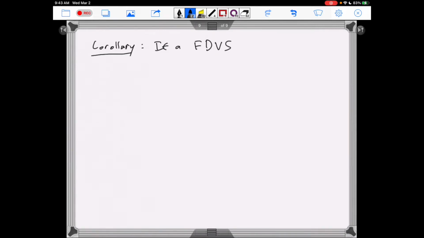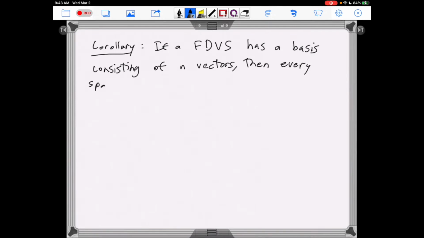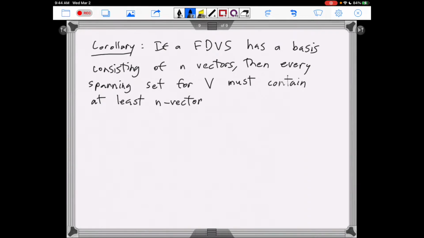If a finite dimensional vector space has a basis consisting of n vectors, then every spanning set for V must contain at least n vectors.